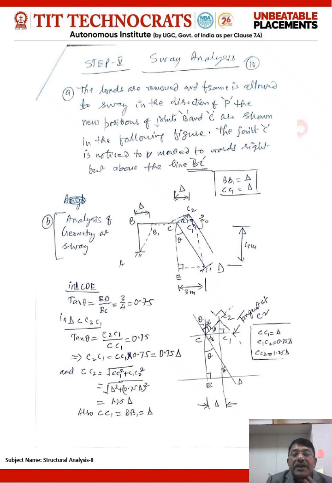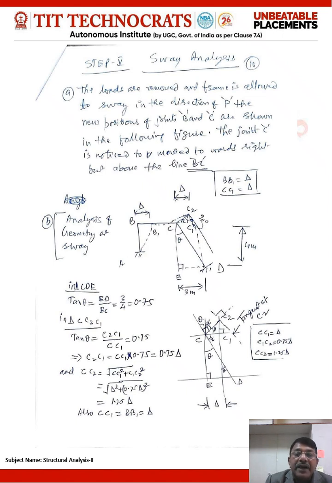Okay, so further analysis is being made in this diagram, how the relationship between CC1, C1C2 and CC2 takes place. Notice, if I say CC1 is delta, then CC2 is to be computed, and C1C2 is to be computed by the geometry of the figure at joint C, when the displacement of C takes place from C to the position C2.